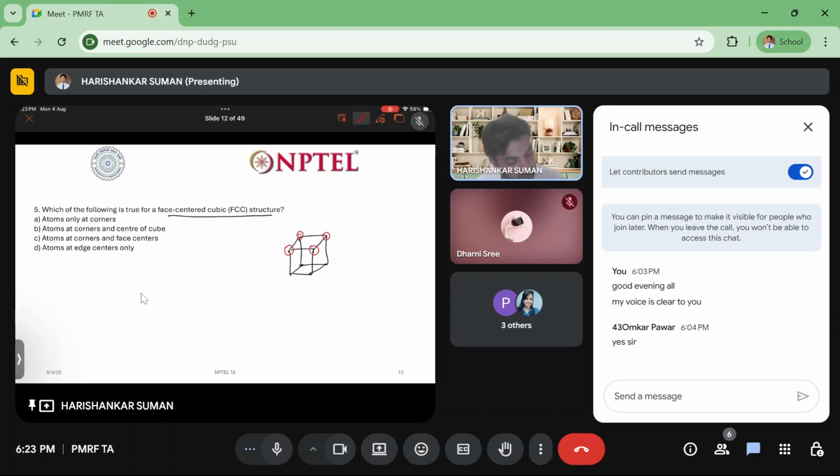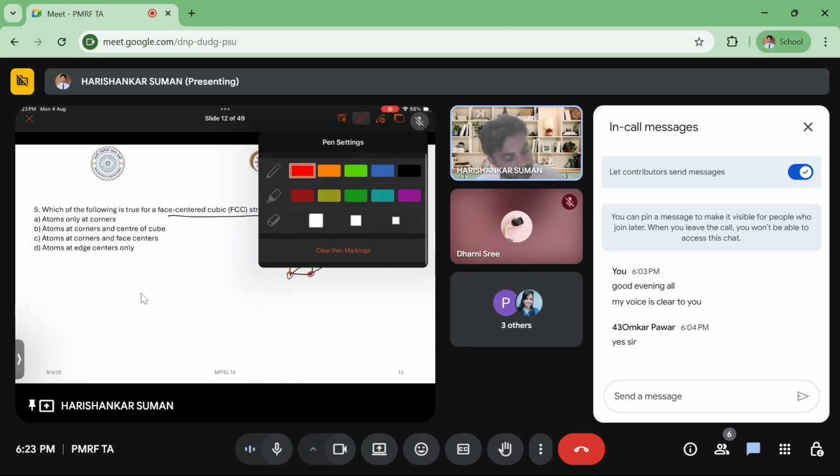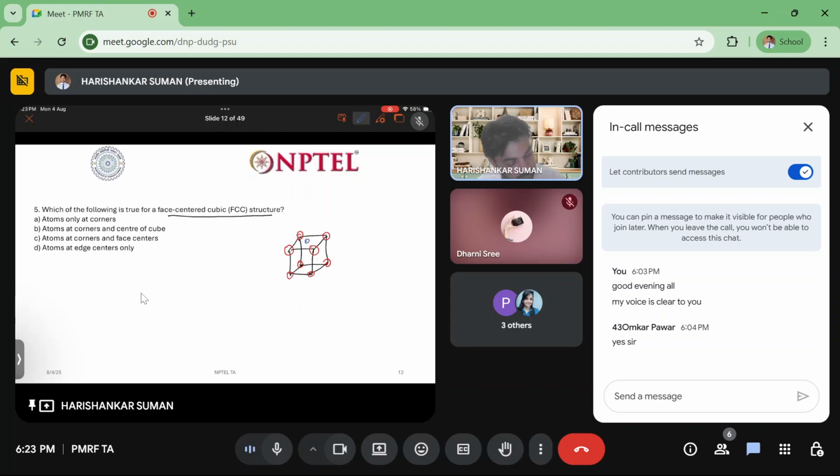This is at the corners. It also has atoms on the faces. This is for the back and this is for the front. Like that, atoms are distributed. So for FCC, please find the answer now.